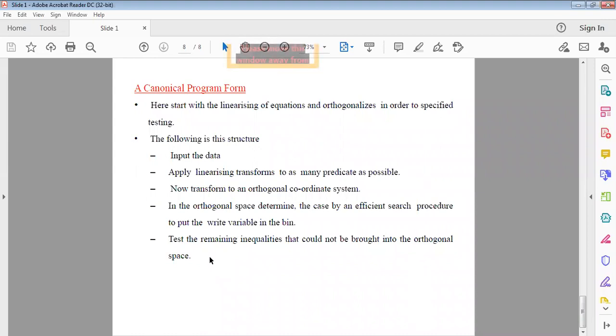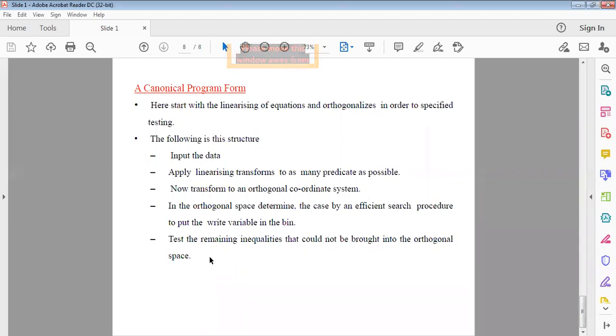So these topics come under part 1. Up to the canonical program form, we have completed part 1 of the third unit. Part 1 of the third unit means the third unit considers two parts. One is about domain testing, and the second is about path reduction, path expression, and regular expression. These all come under the second part.